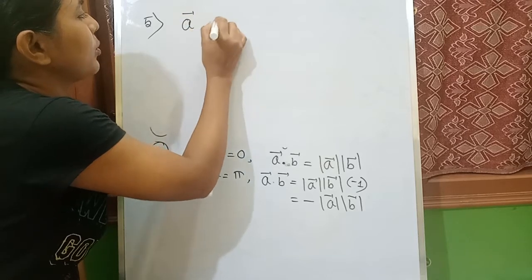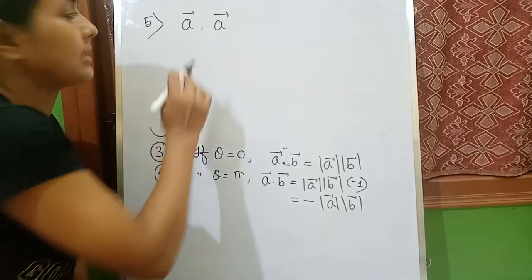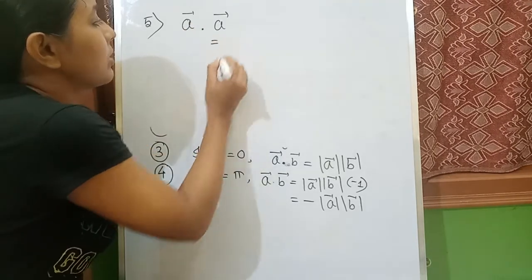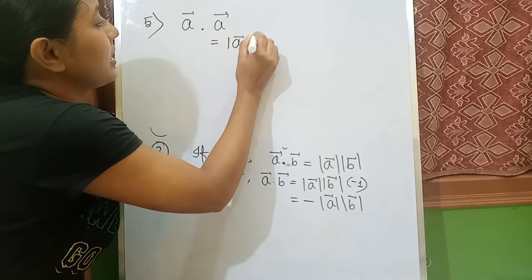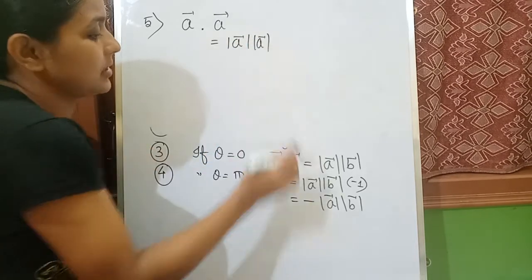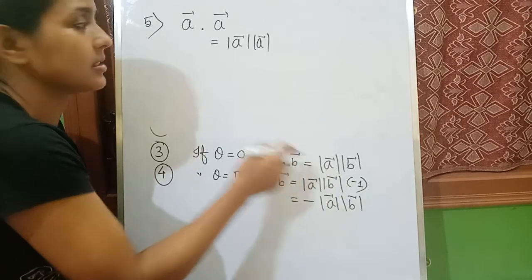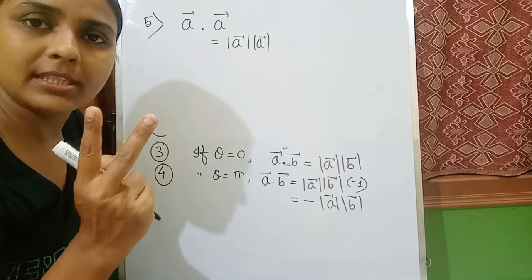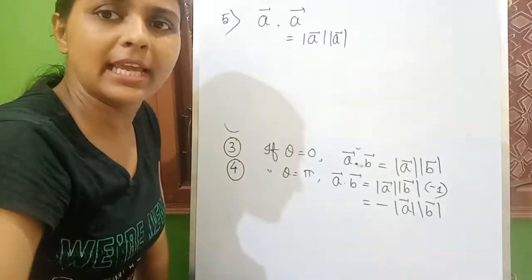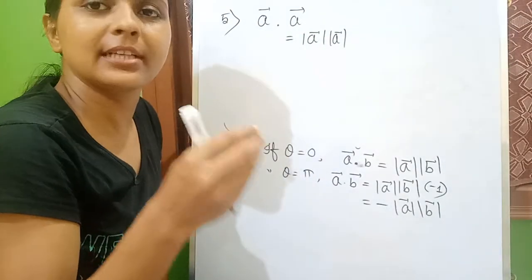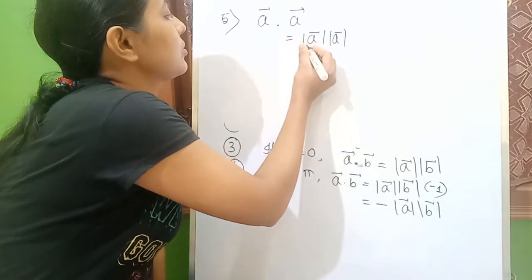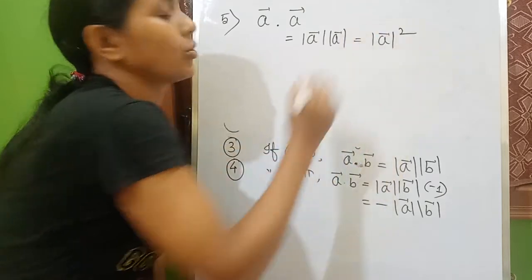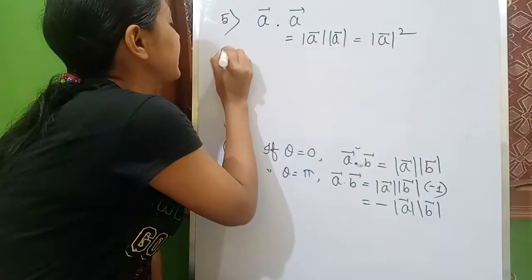If we are taking both the vectors the same, that means a dot a vector, then we can write down mod a vector into mod a vector, because if two vectors are equal, then their internal angle is 0. So mod a vector times mod a vector can be written as mod a vector's whole square.